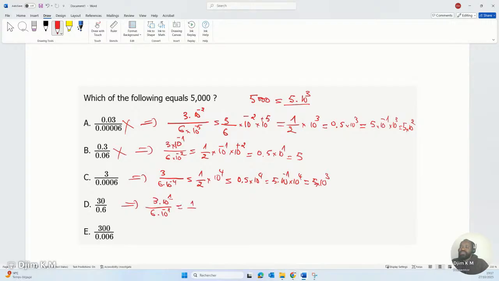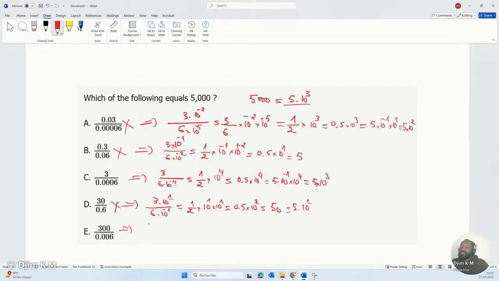This will be 1 over 2 times 10 to the power 1 times 10 to the power 1, which is 0.5 times 10 to the power 2, like this. And this will be equal to 50, or 5 times 10 to the power 1. So not our answer.